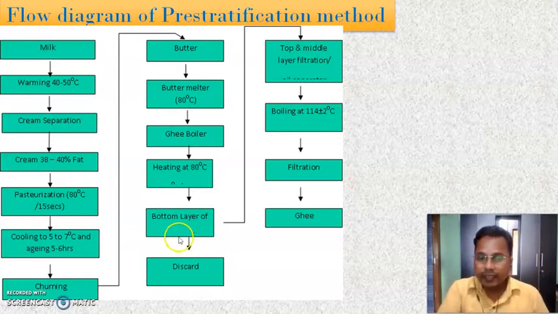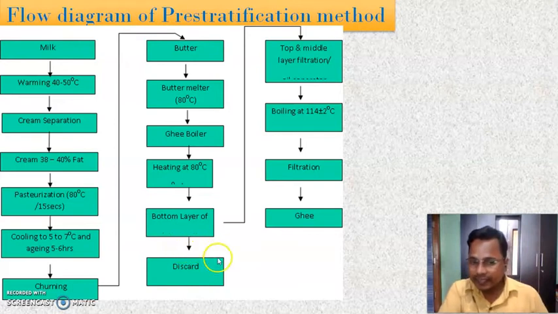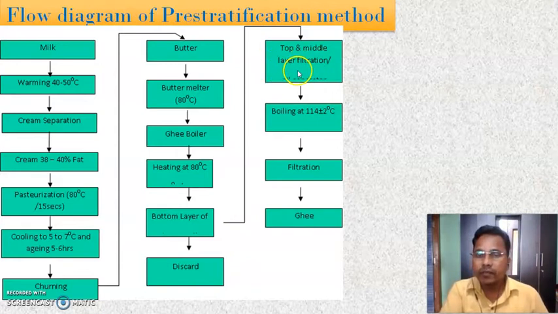And when this bottom layer is discarded, the remaining part, that is the top and middle layer, is boiled at the regular temperature as it was boiled in the previous method, that is up to 114 degrees Celsius.